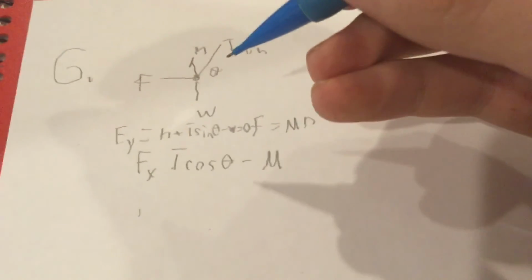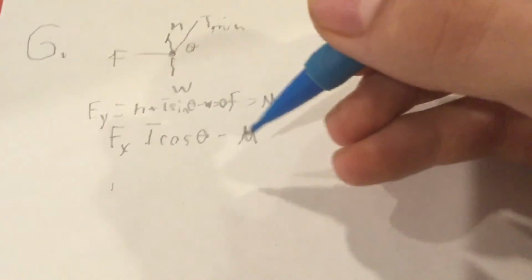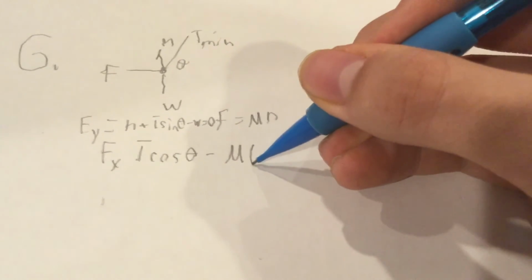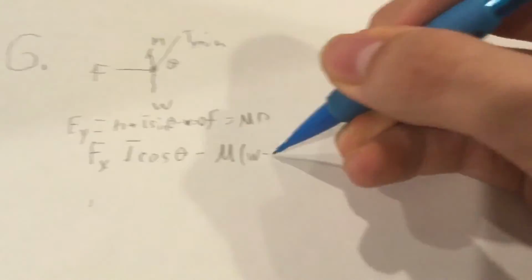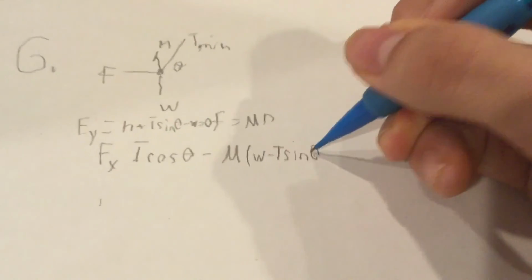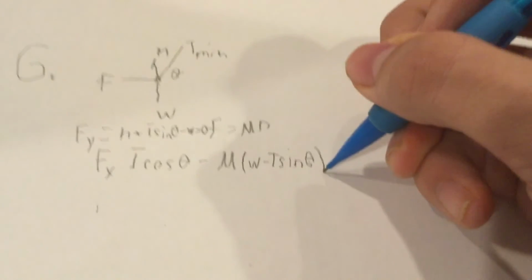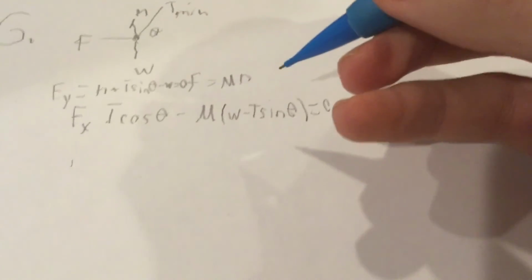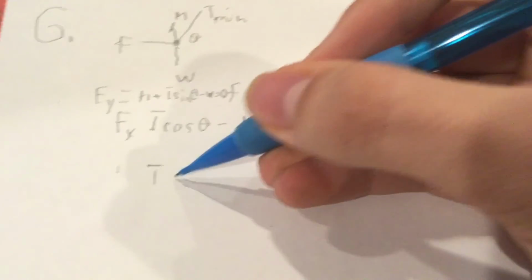So we can solve for the normal, which is just going to be W minus T sine theta. Now we're solving for nu, so we'll move it to the other side.